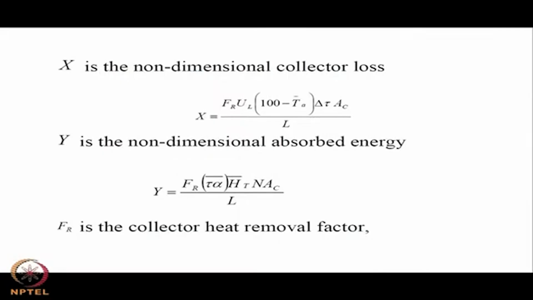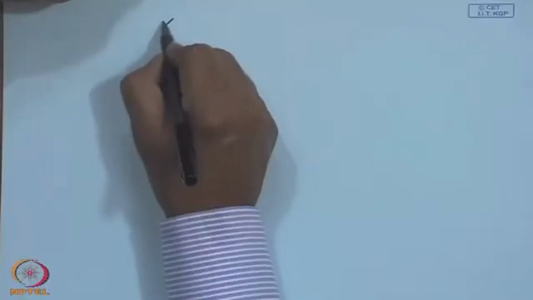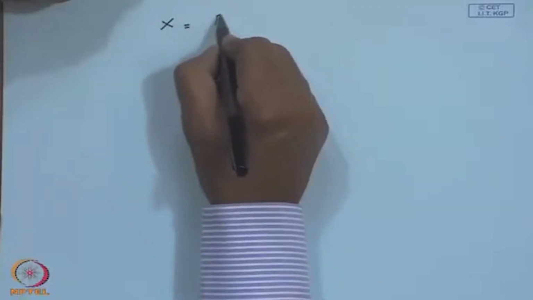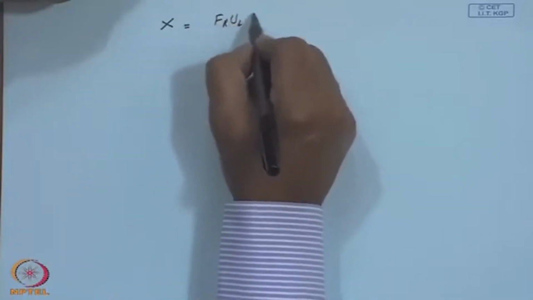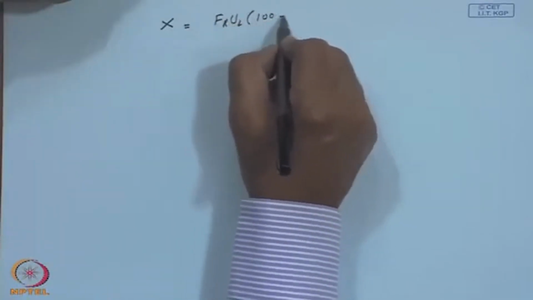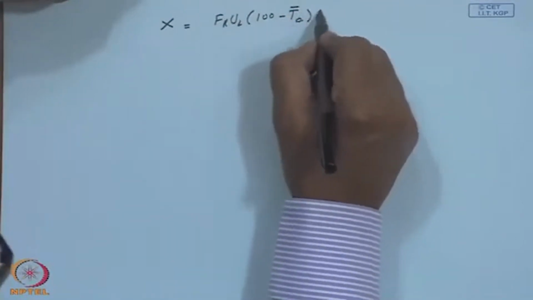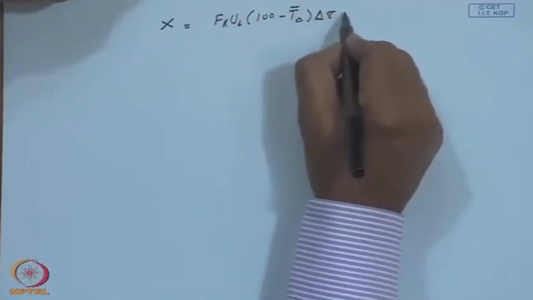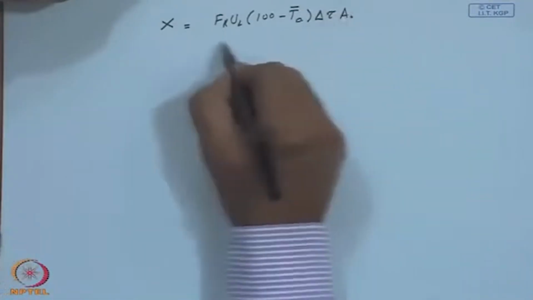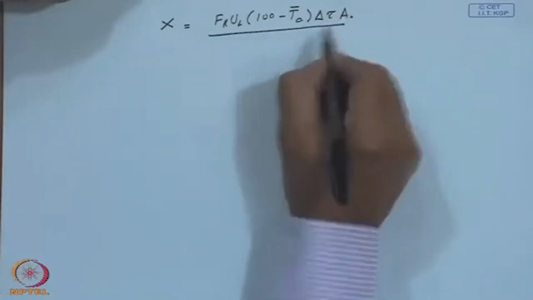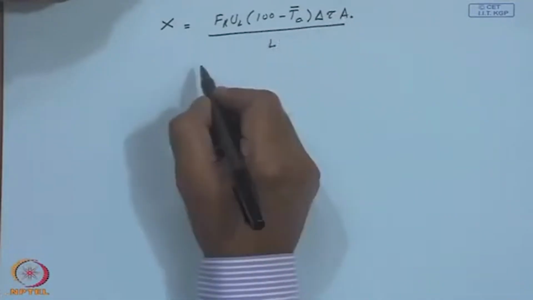So, we shall recall x and y are identically defined. The non-dimensional collector loss is FR UL times the reference temperature 100 minus the monthly average daily temperature TA bar, into delta tau, the number of seconds in the month, multiplied by the area of the collector, divided by the load.